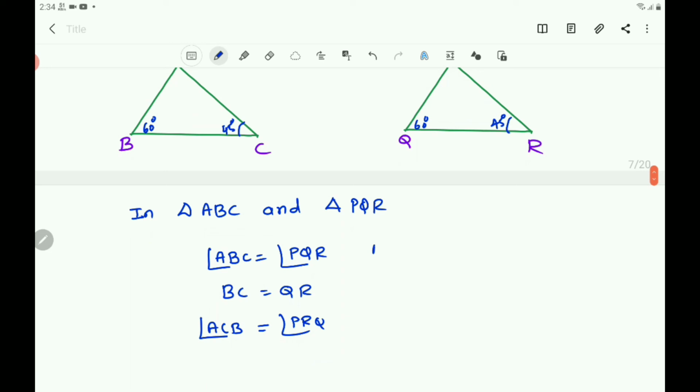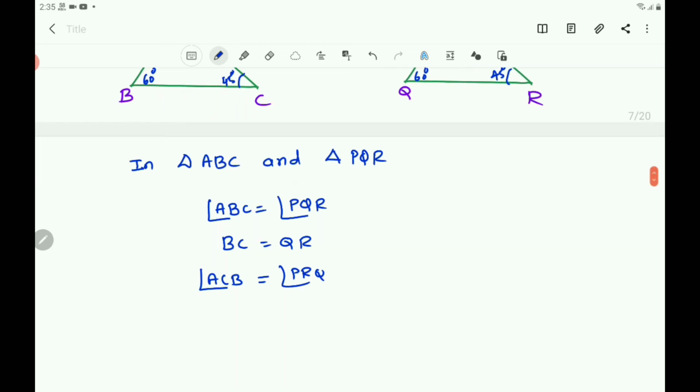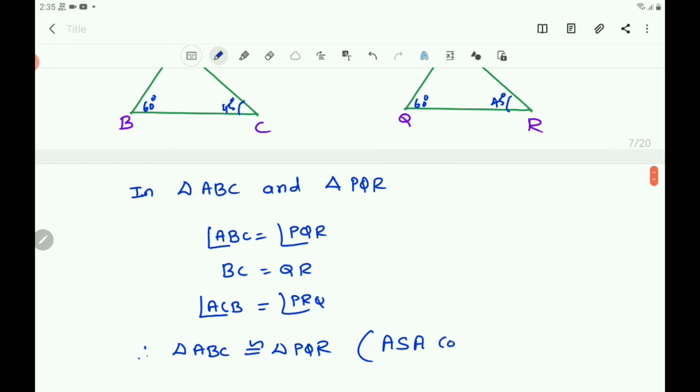Here angle, side, angle, these two angles are with the common side. Therefore, triangle ABC is congruent to triangle PQR. So the congruence rule here is ASA. ASA congruence rule.